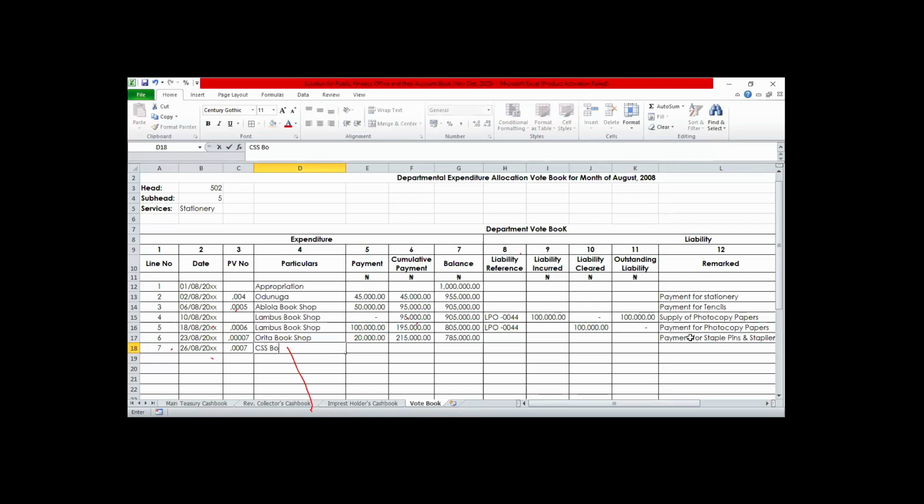Sorry, is it possible to have two PV numbers the same? They are not the same thing. Look at it. Okay, one is 40, one is 30. How much is the money we paid? 120,000. 120,000 plus cumulative payment.